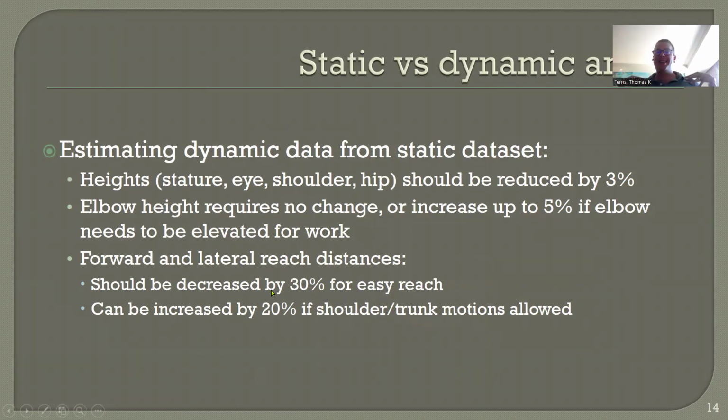Consider 30% if I want to easily reach it versus super stretch, 20% if I can twist and turn. Heights are based on me standing as straight and tall as I can versus if I'm walking, I lose about 3% of my height, in terms of functional anthropometry.